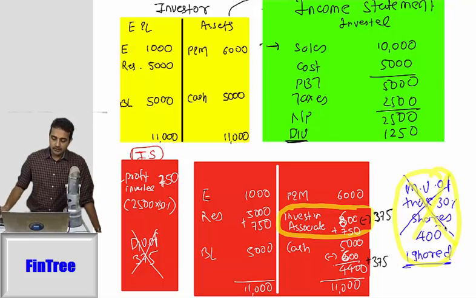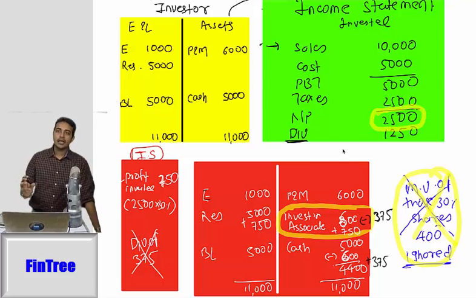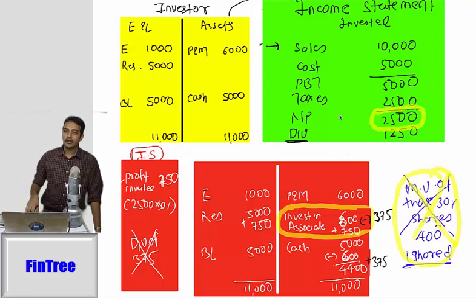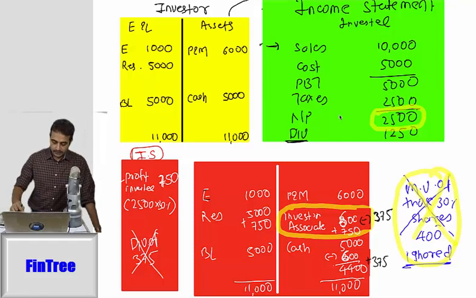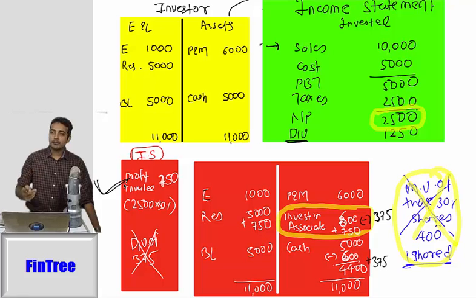So first year it made a profit of 2500. 30% of that profit is yours because you own 30% of that company. So you said that the benefit of profit in your books is 750. Now the firm decided to pay half of that profit to you in cash. Agree?